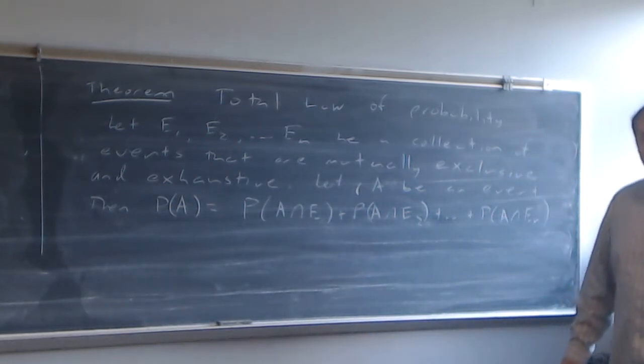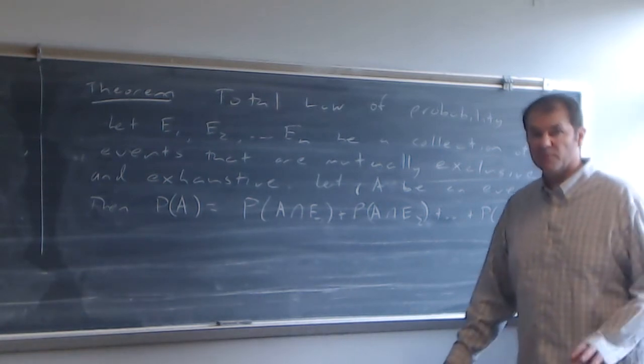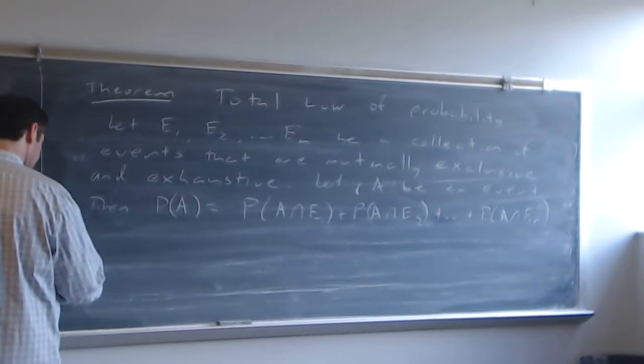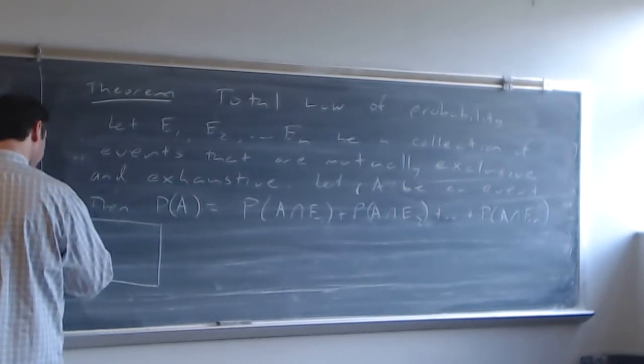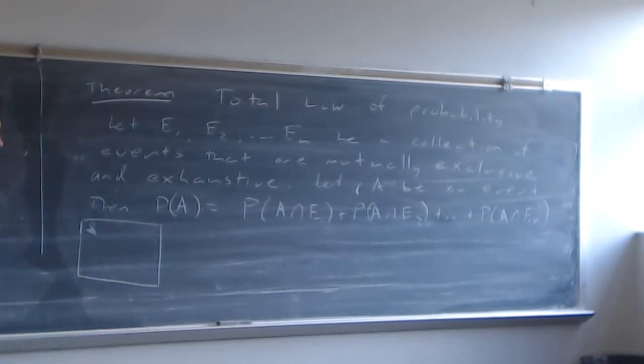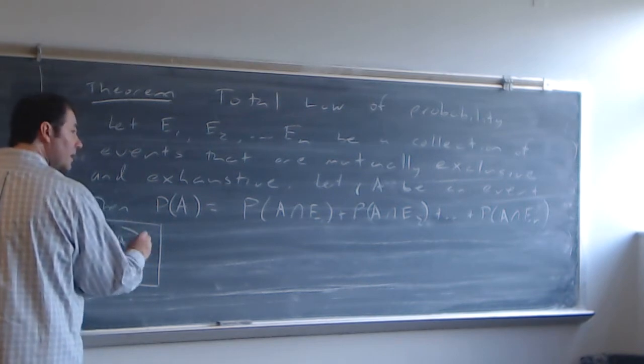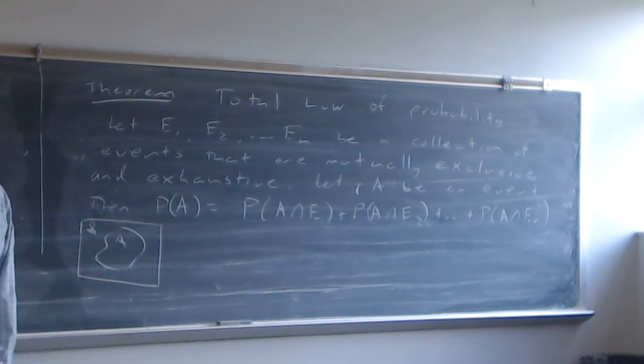And so we will prove this, but first we'll draw a picture, a Venn diagram that kind of helps us see what this is. So we think of this box being the sample space. We got a set A. That's A. We're trying to figure out the probability of A, the worth of A, if we think of it as a piece of property.